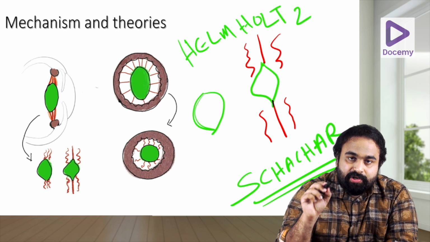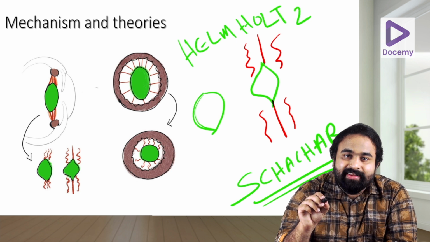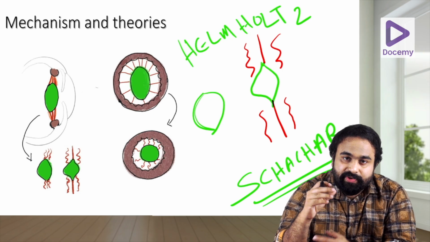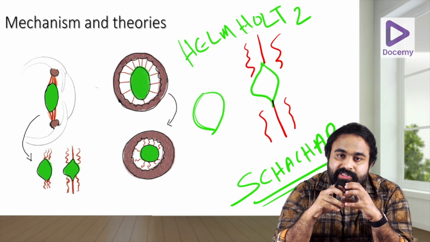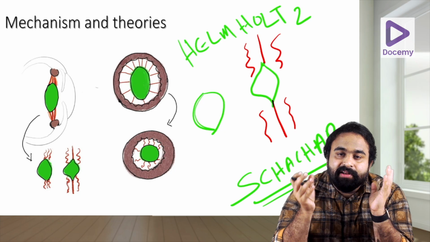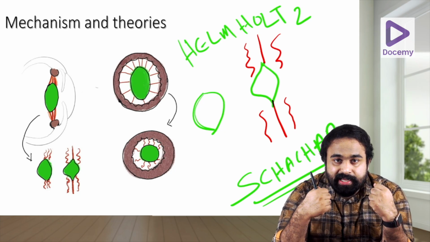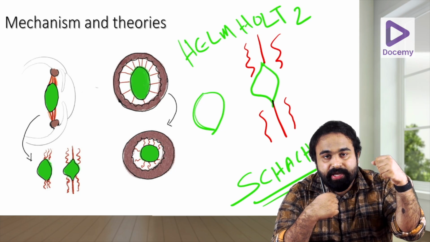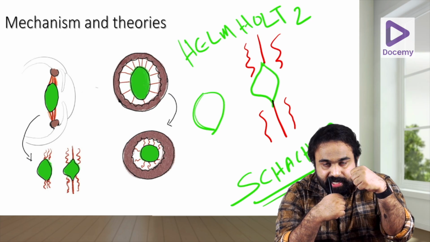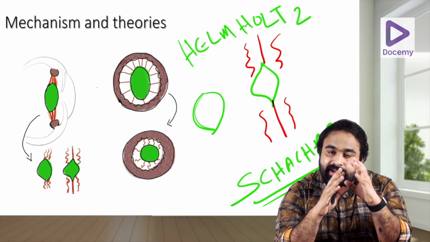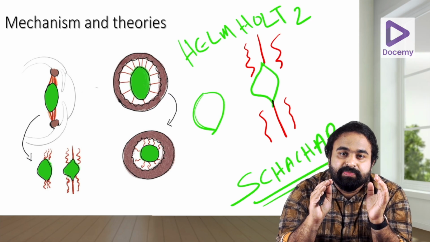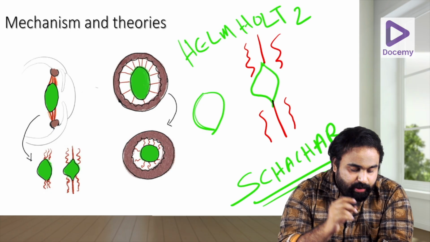So don't confuse. When the ciliary body is contracting, it's a round structure, so the zonules are getting relaxed. In the resting state, the zonules will be tight and the lens will be pulled and elongated. When the ciliary body is contracting, the zonules are relaxed and the lens is attaining a spherical shape. So that is the change happening in accommodation.